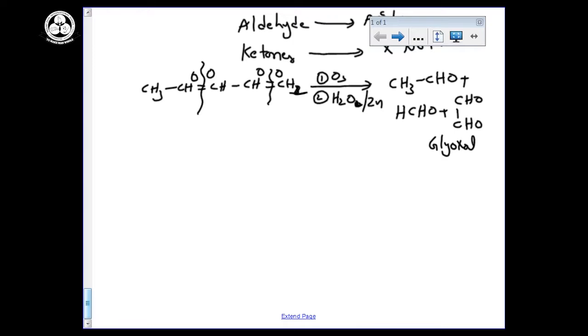So anyway, whatever you are doing the ozonolysis, we are getting the answers like this. Now, in competitive exams, they are giving retro-ozonolysis.